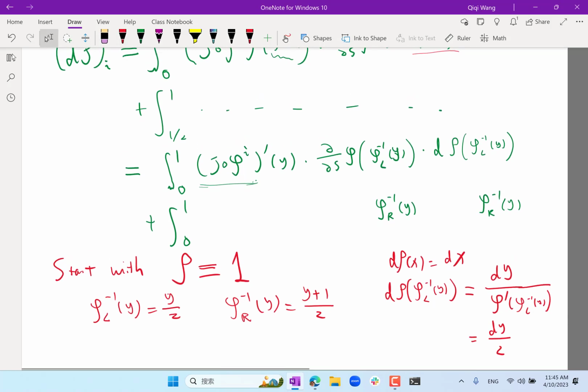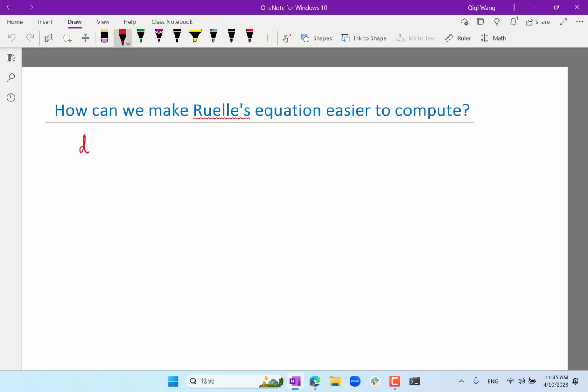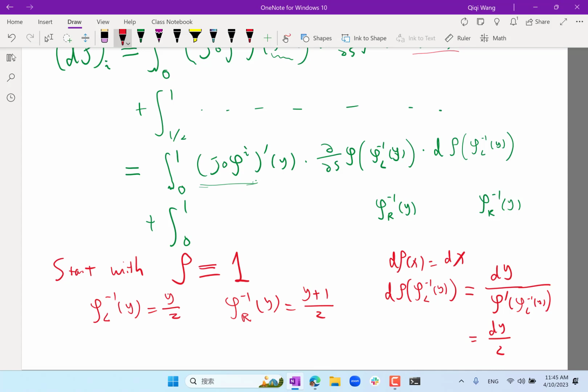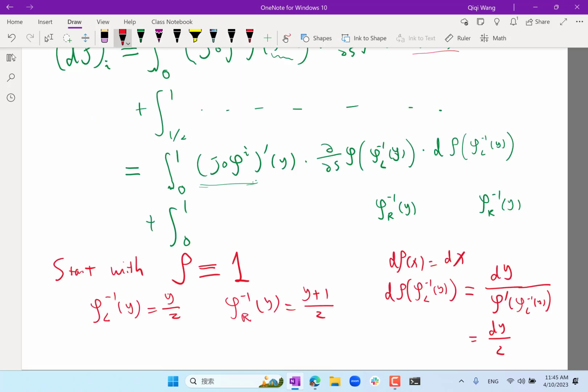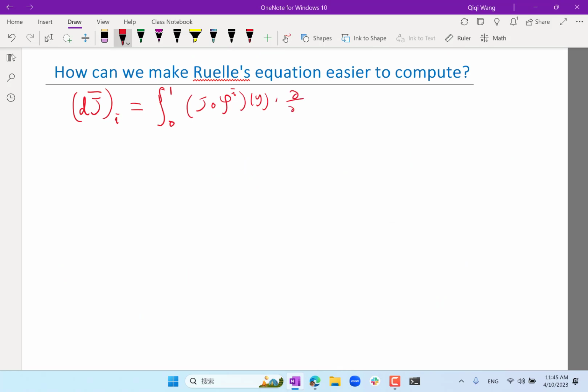All right, so in this case, dJ bar, the ith component, is equal to the two integrals. The first integral is J compounded with phi to the ith power at y, times the perturbation itself at half y, so the preimage on the left part.